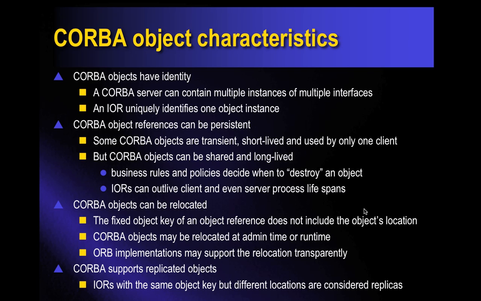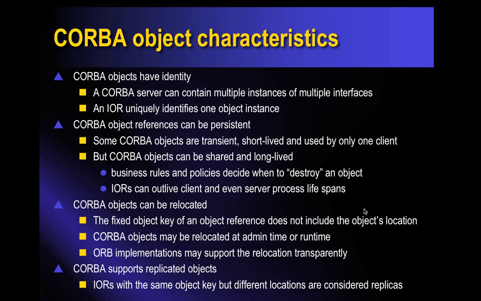And CORBA object references can be persistent as well. So some CORBA objects are transient, short-lived, long-lived, used by only one client, maybe used by many clients, persistent among many different client instances that might connect. But CORBA objects can be shared and long-lived as well. So there's more flexibility than in an RMI instance where you're working through an interface.